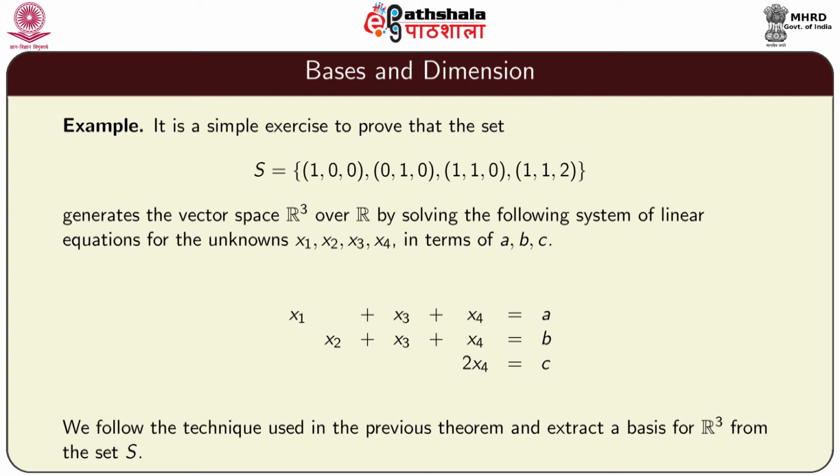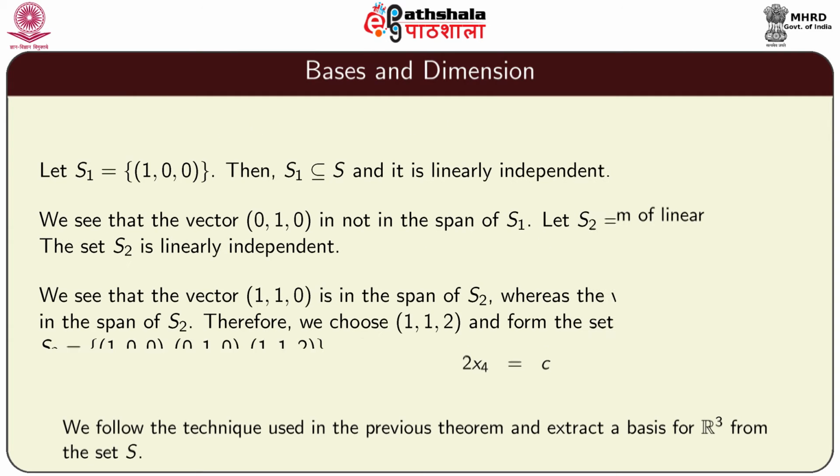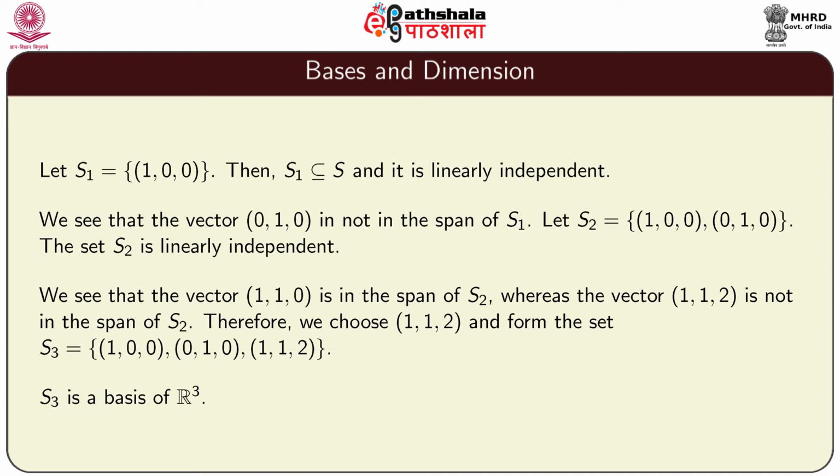Now, let us try to extract a basis out of it, and we will exactly follow the method that we used for proving the previous theorem. Let us take the vector (1,0,0) from S. Call this singleton {(1,0,0)} to be S1, then S1 is of course a subset of S, and (1,0,0) being a non-zero vector, it is linearly independent.